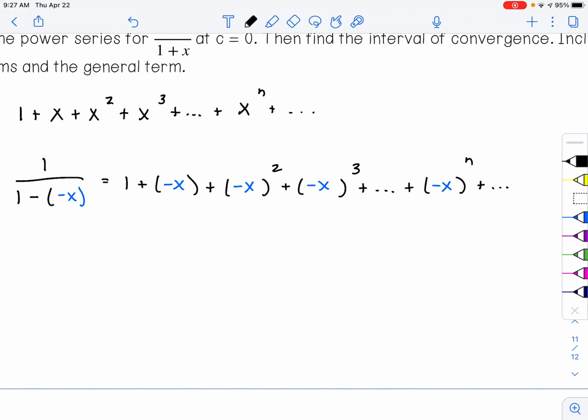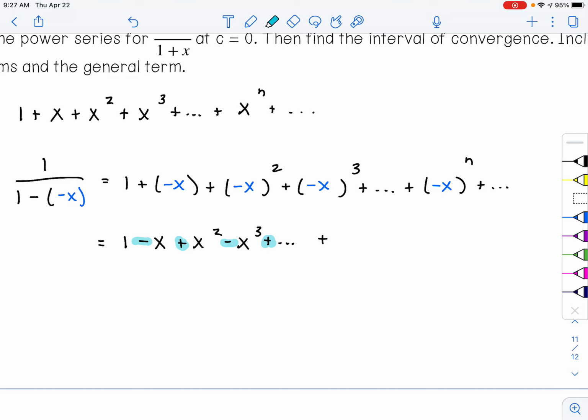If we simplify this, we get 1 minus x plus x squared minus x cubed plus. So now we have an alternating series where we're going negative, positive, and that continues because every time we raise negative x to an even power, the negative cancels out. But if we have negative x to an odd power, now we have a negative term.